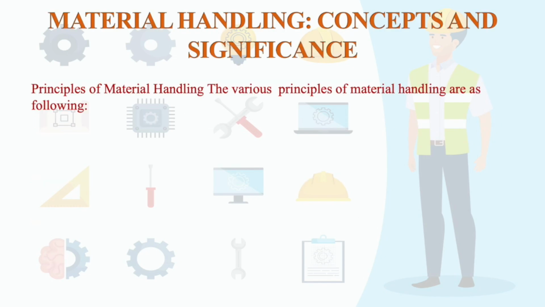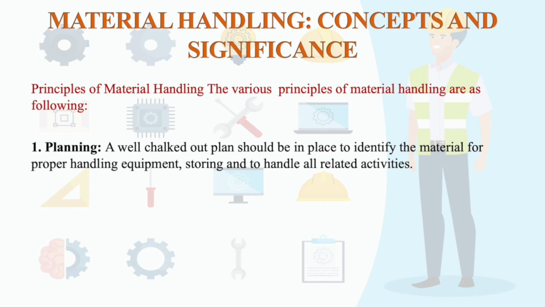Principles of material handling. The various principles of material handling are as follows. When we are handling material in a manufacturing industry, or in any industry, there are various principles. Planning is the first principle.